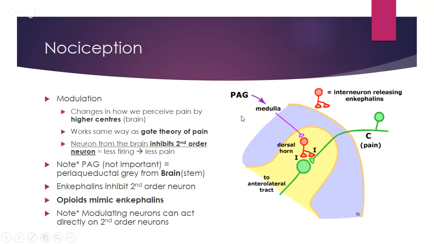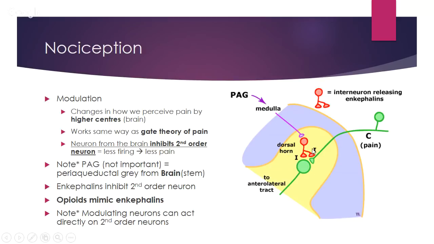If we ignore this part over here, we've got that C delta fiber coming in, synapsing with that second order neuron in your dorsal horn, and that would normally go up and carry information to your thalamus. But we've also got this inhibitory interneuron that's able to decrease how much of that signal gets up. And by stimulating that neuron, we're able to decrease the amount of information that goes up. That's where nerves from higher centers come down and stimulate that neuron to decrease how much pain we experience.